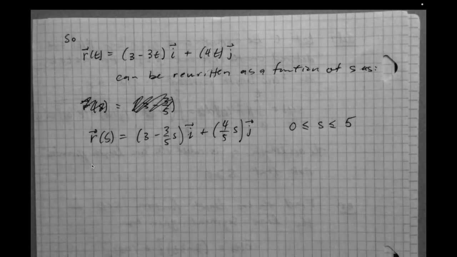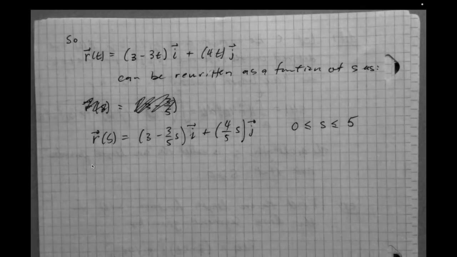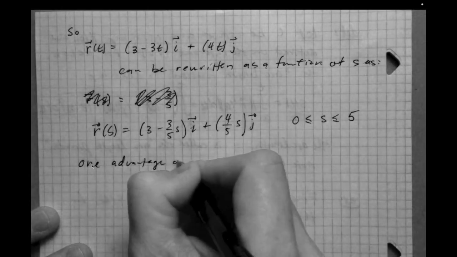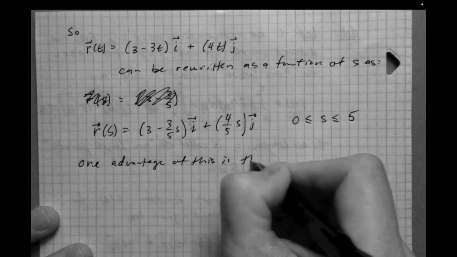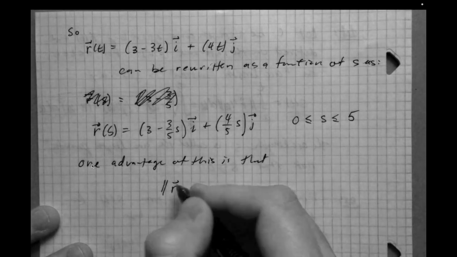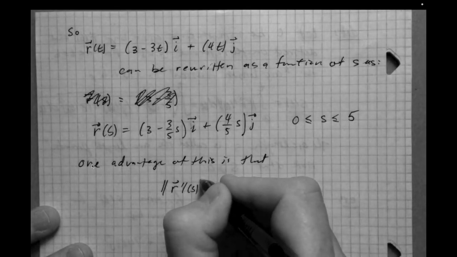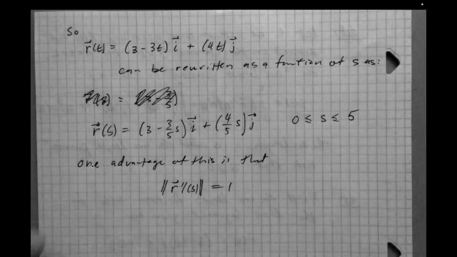All right. Very good. So one of the advantages of writing a vector-valued function in terms of the arc length parameter is that the norm of the derivative of r equals 1.